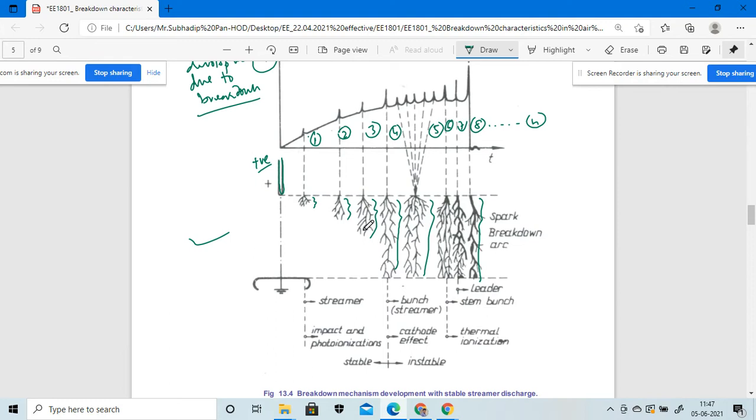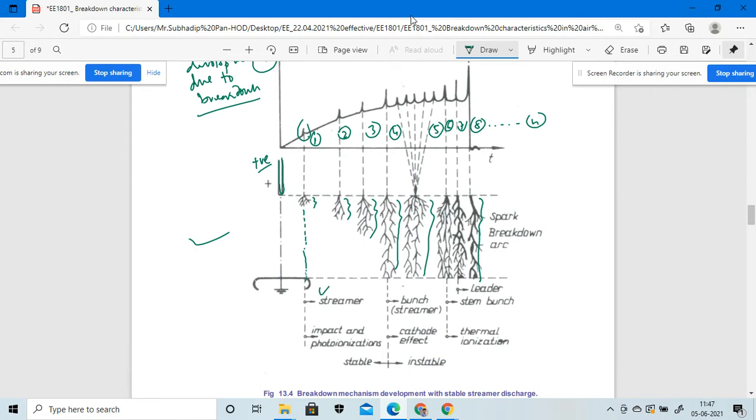In this particular case, the impact of the photoionization effect will take place, which may be stable or unstable. In this portion, my breakdown arc should be my streamer breakdown.